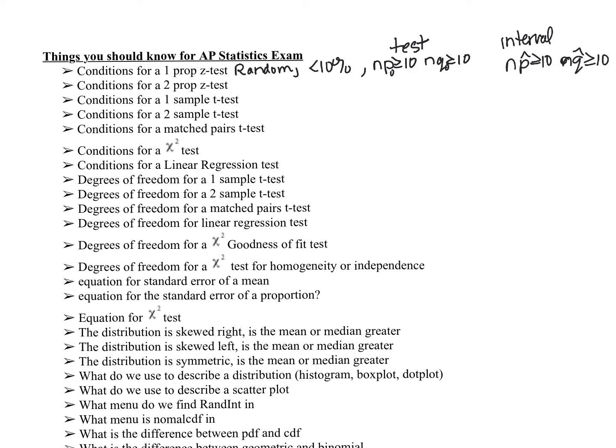What's the little hat mean? That's your sample proportion. And then the p without the hat is your population proportion. So p is population proportion, p hat is your sample, p naught is your hypothesis.